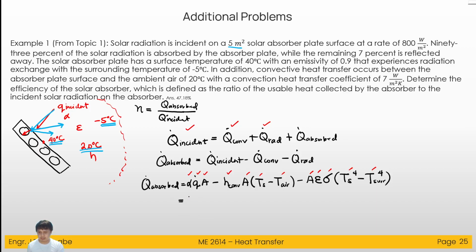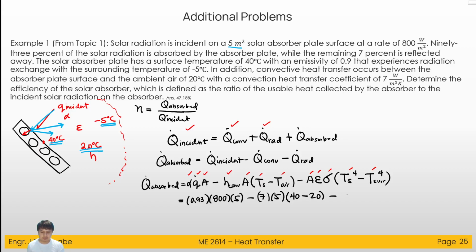So the absorptivity is 93, no? So 0.93. And you have Q 800. So I will not write the units for now, but you can analyze this and this will still be correct. So 5, and then H conv, so 7. You have the area, so 5. Ts minus the air, so we have the temperature of the surface is 40 minus this will be 20.